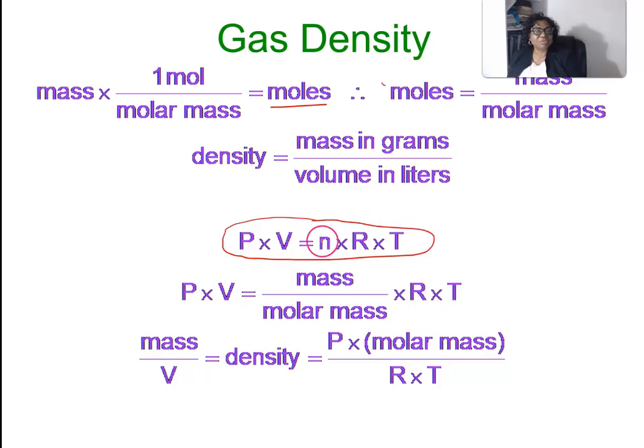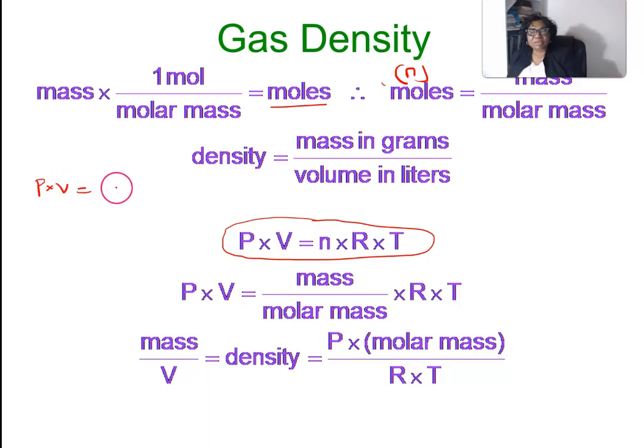We are going to substitute for n. So this moles is n. When we substitute for n here, we have P times V equals mass over molar mass times the gas constant and temperature. Then we want to rearrange this.